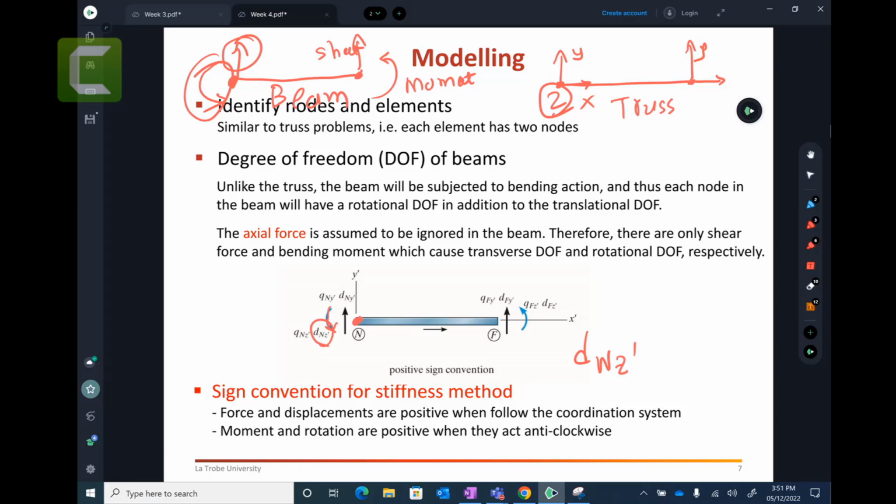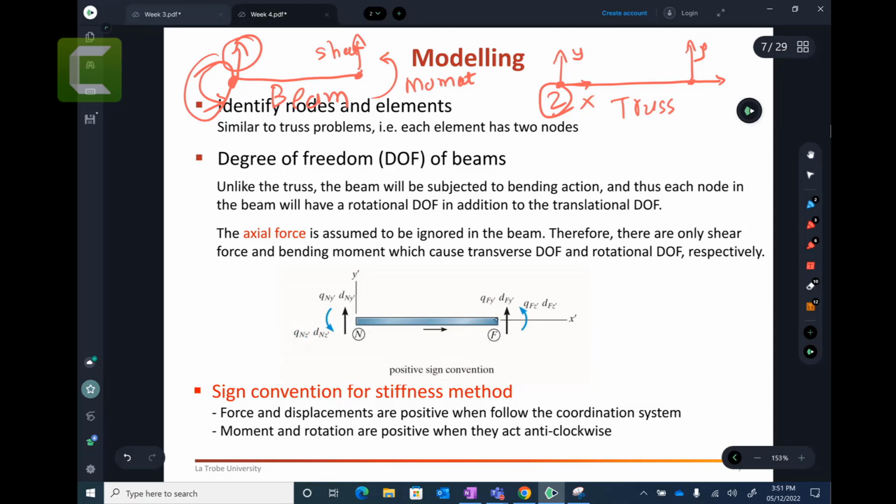So D, N, z dash represents the rotation. To create this rotation, we need some kind of moment or force. That is represented by Q at the near node about the z axis dash. Right. So I hope you understand the terminology here.